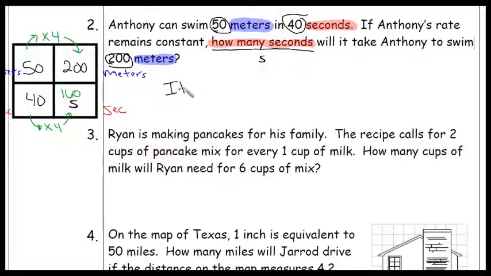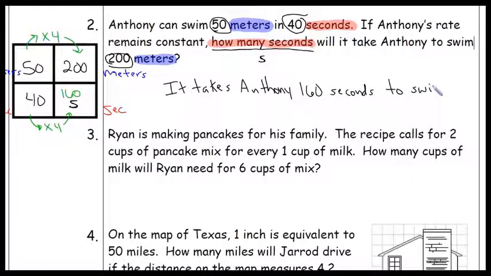It takes Anthony 160 seconds to swim 200 meters.